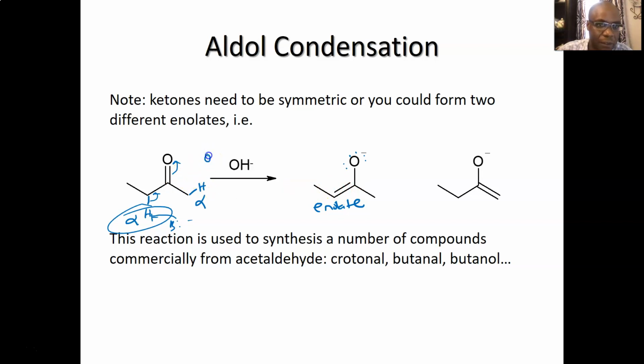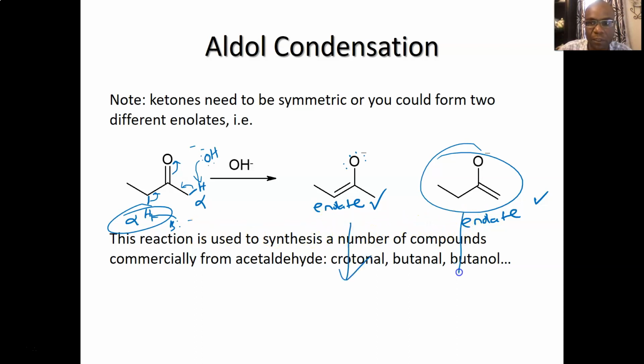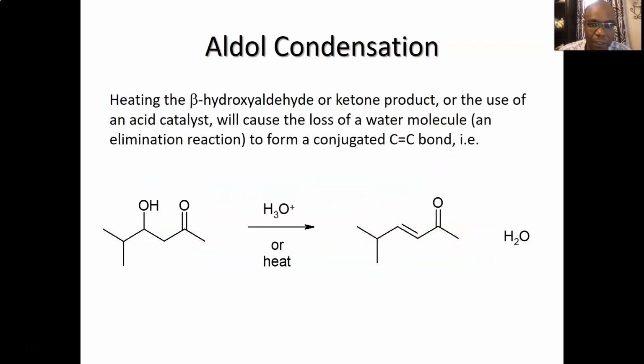But if you take out this hydrogen, you get an enolate on this other side. So enolate to the left, to the right. So this leads to a mixture of aldol products, because now from one molecule you can get so many mixtures, but I don't think I'll go much into that.